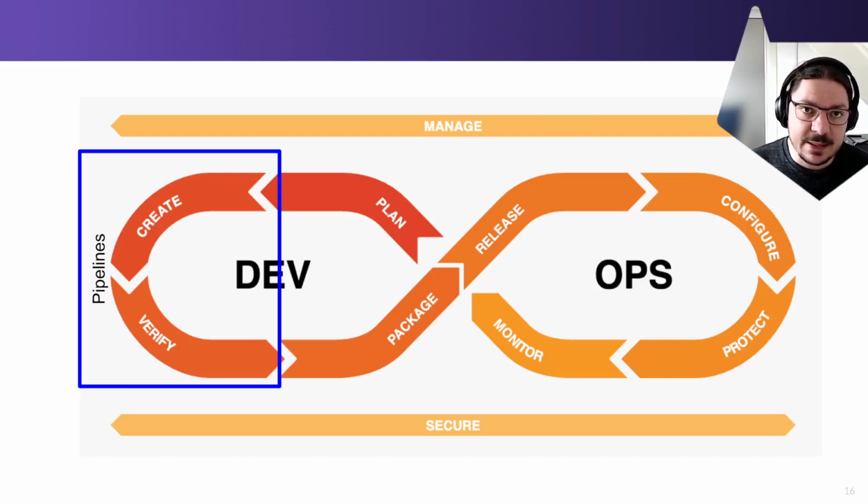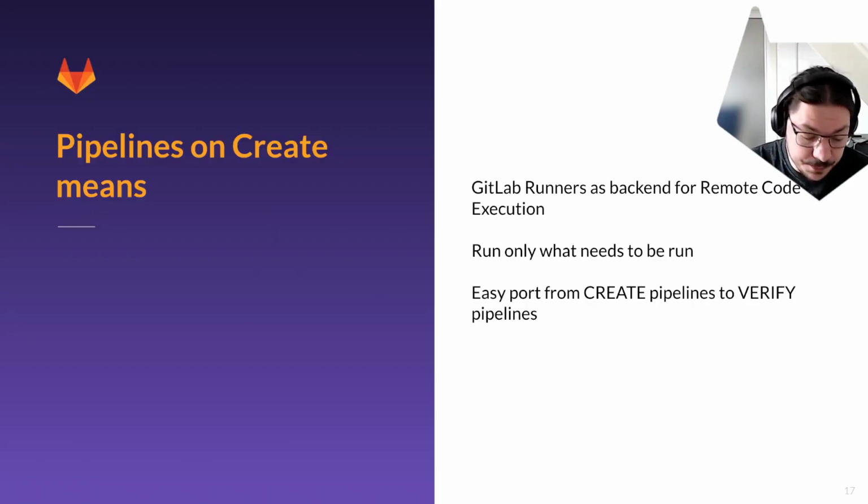When we take off the glasses that only look at this from verify and start looking from the create stage, then we can start seeing what other features we can add and how we can improve this tooling for this use case specifically.